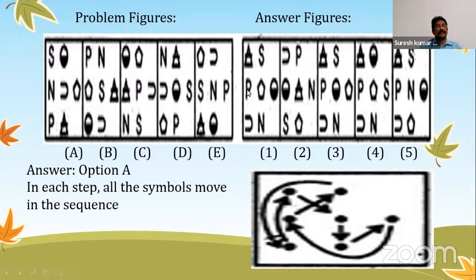Option A is correct. Otherwise, you can see any one out of this. This one here moves here, second, third, moves to the top, then obviously it should come here. So option A is the correct one. Okay, now we are going to the next one.